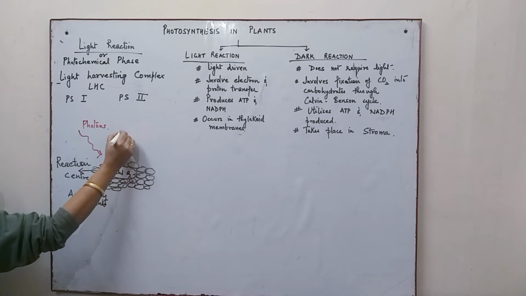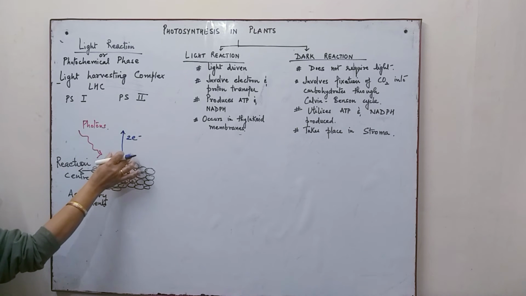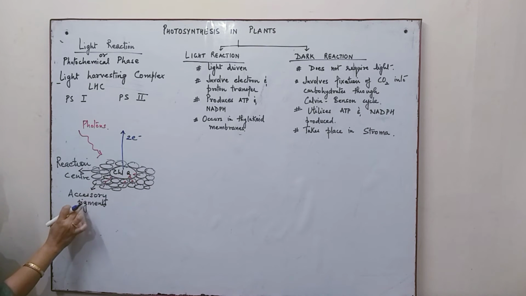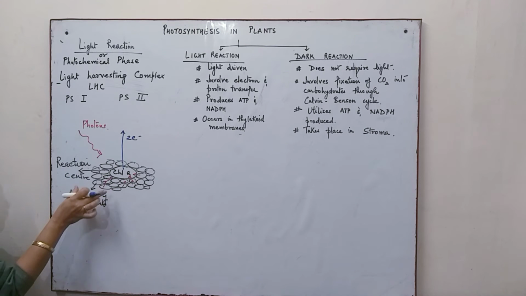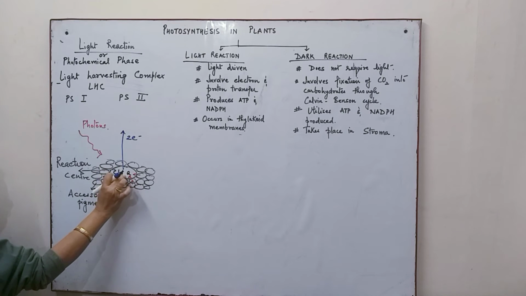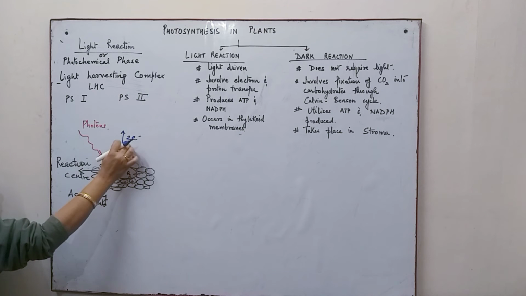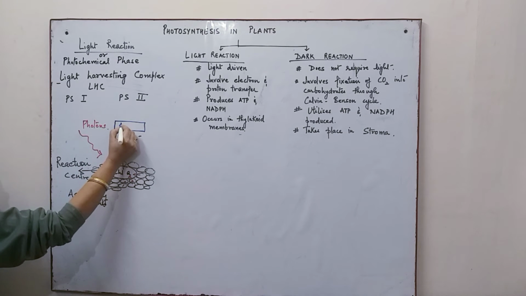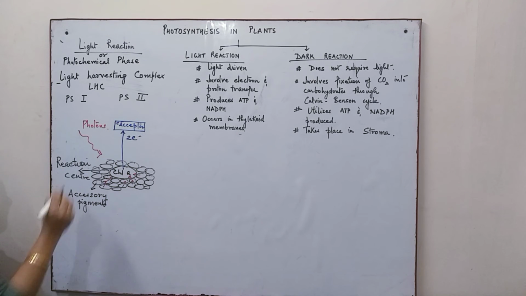That means two electrons are released due to the energy provided by the absorption of the photons by the accessory pigments, which is finally passed on to chlorophyll A, which in turn gets excited and releases two electrons. These two electrons have an electron acceptor.